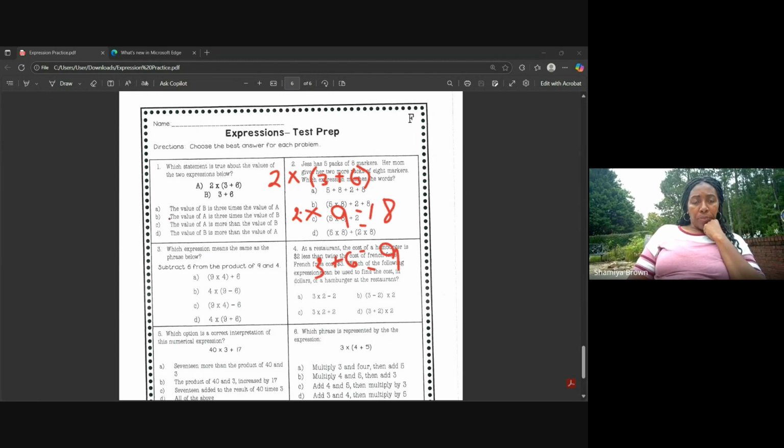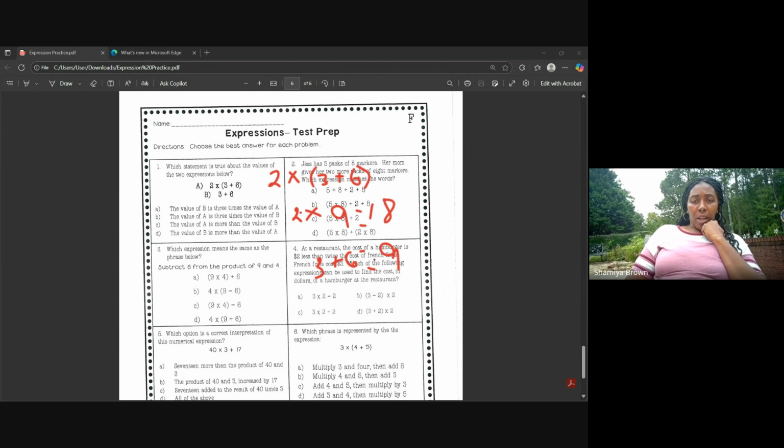Let's look at A. A says the value of B is 3 times the value of A. If I look at my answer to B, my answer is 9.